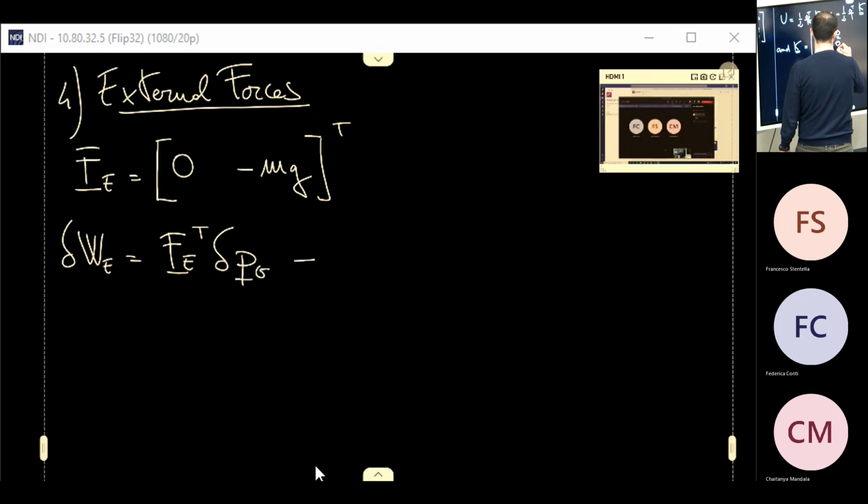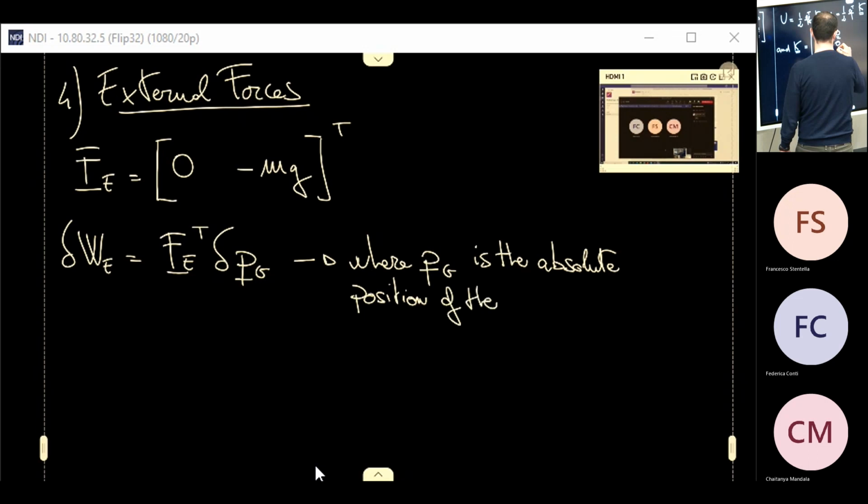Where Pg is the position in the global coordinate system of the center of mass of our body. Okay, let's elaborate a little bit on this Pg.